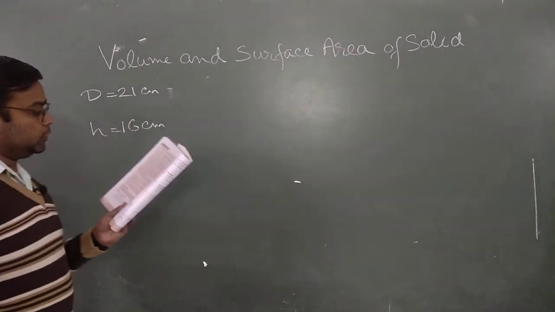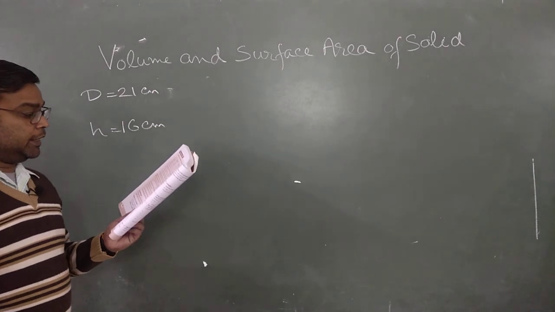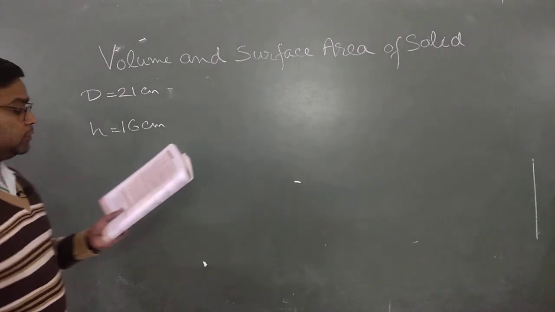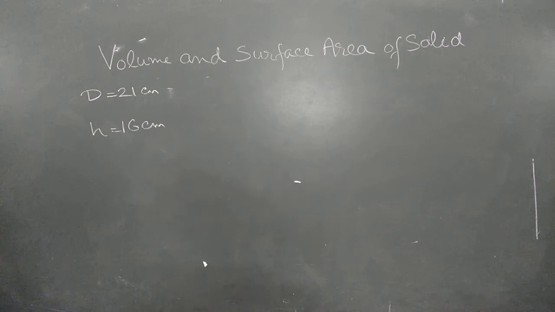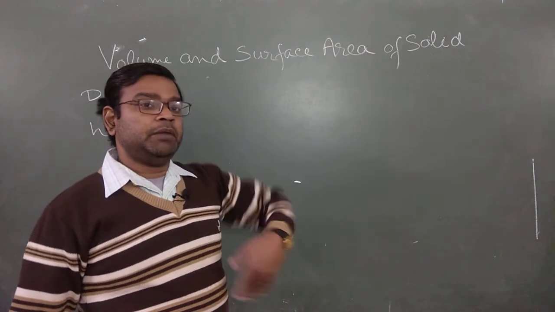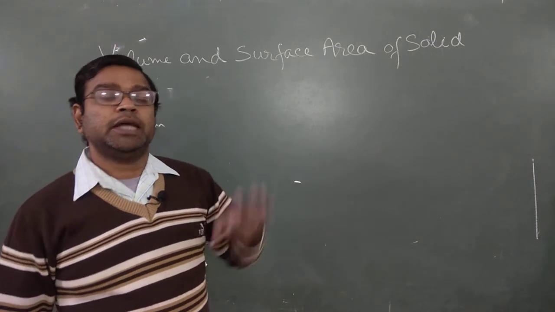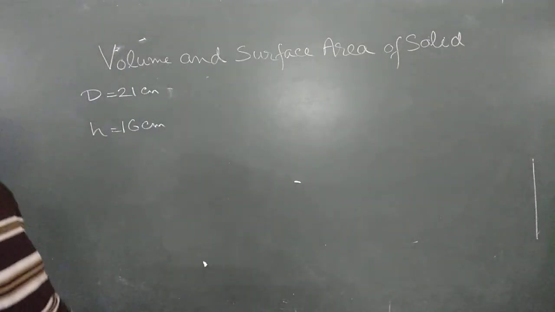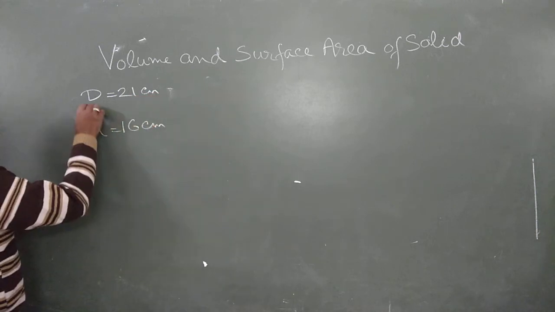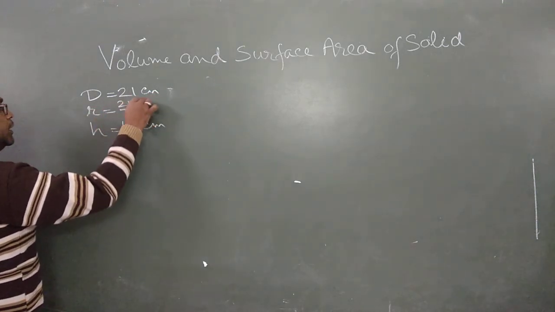Find the cost of tin plating it on the inside at the rate of 10 per 100 square centimeter. The question asks about tin plating from the inner side. For tin plating the inner side, we first find the curved surface area plus the area of the base only. So here D is 21 centimeter, so radius r is 21 upon 2 centimeter.